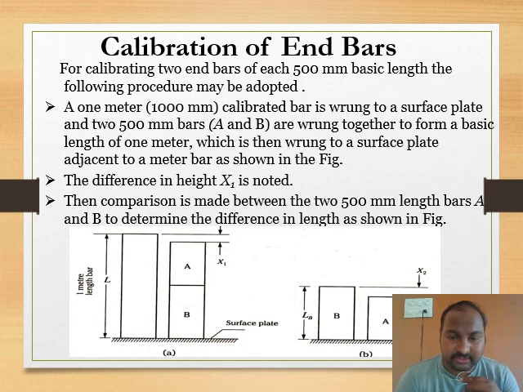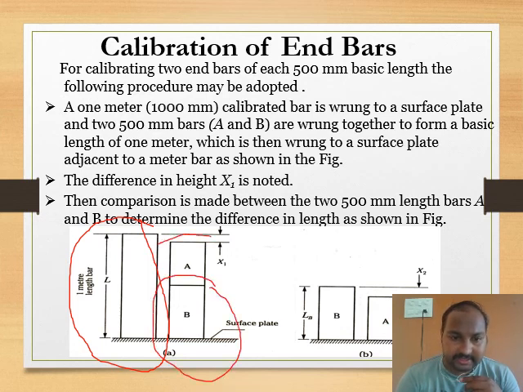We can see here the length L, which is of the 1000 mm bar, compared with LA plus LB, which is of the 500 mm bars. When it is compared with L, we have some difference in height that we can call x1.